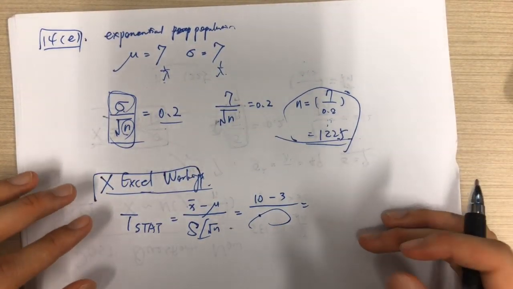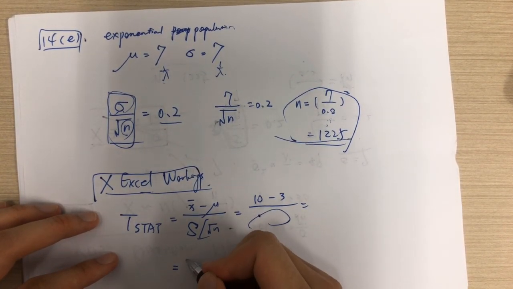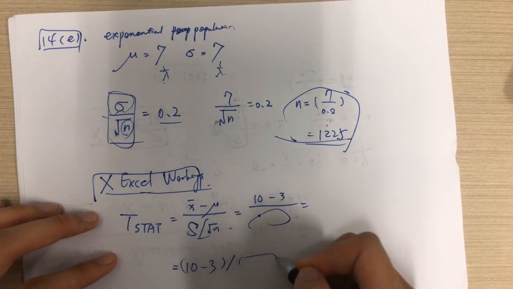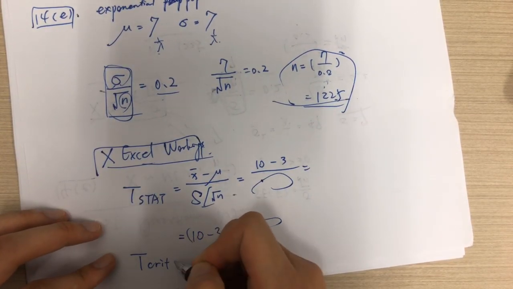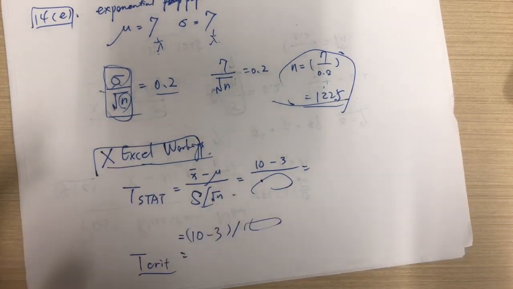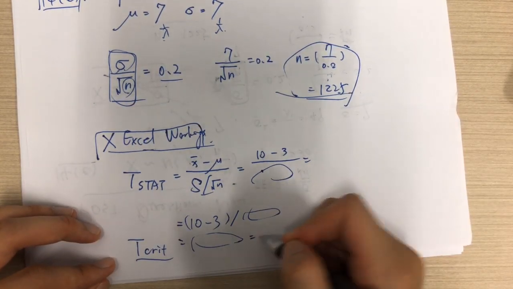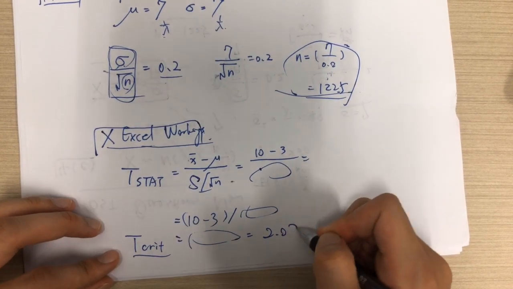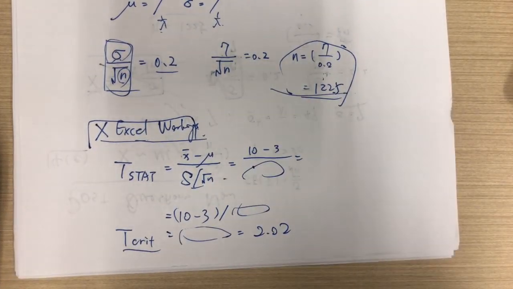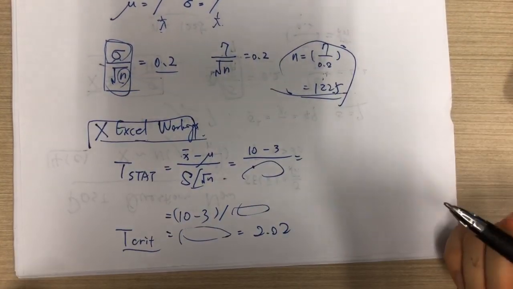But you don't need to type in Excel, like inputting 10 minus 3 and then divided by, you don't need to do that. Or when you find a critical value, you don't really need to put the Excel format. You can directly say from the table or from Excel, I got the critical value to be 2.04, 2.02 or whatever, so that we reject the null hypothesis or do not reject the null hypothesis.